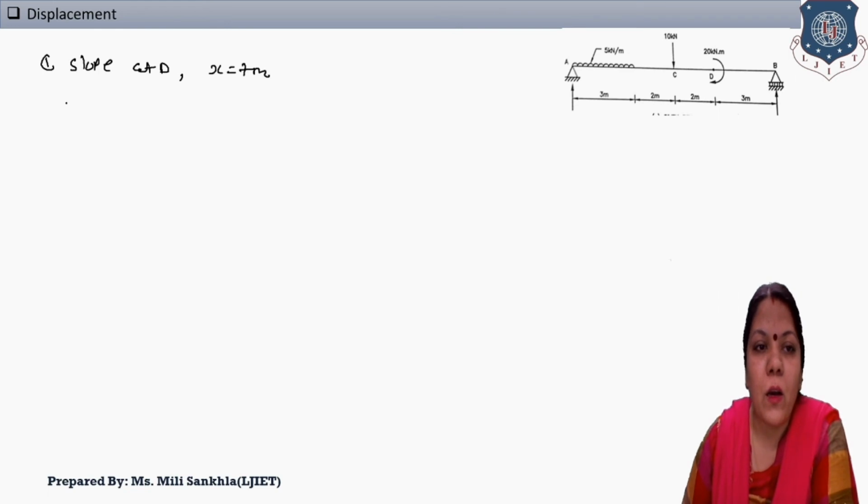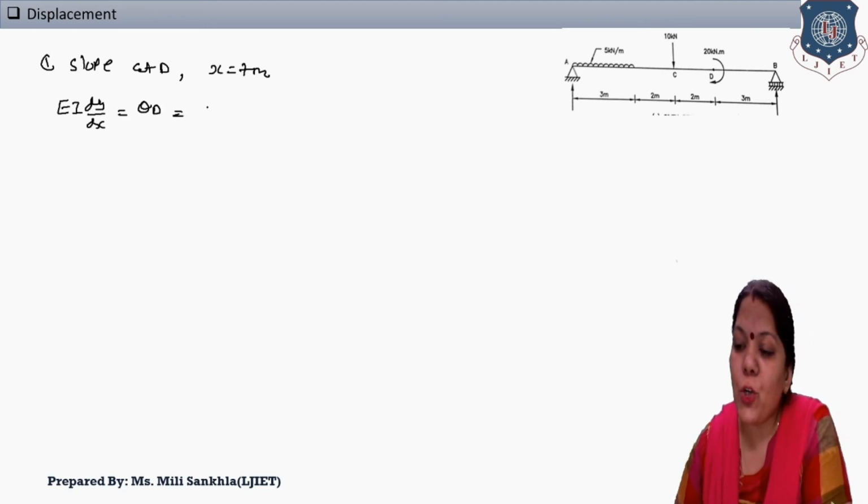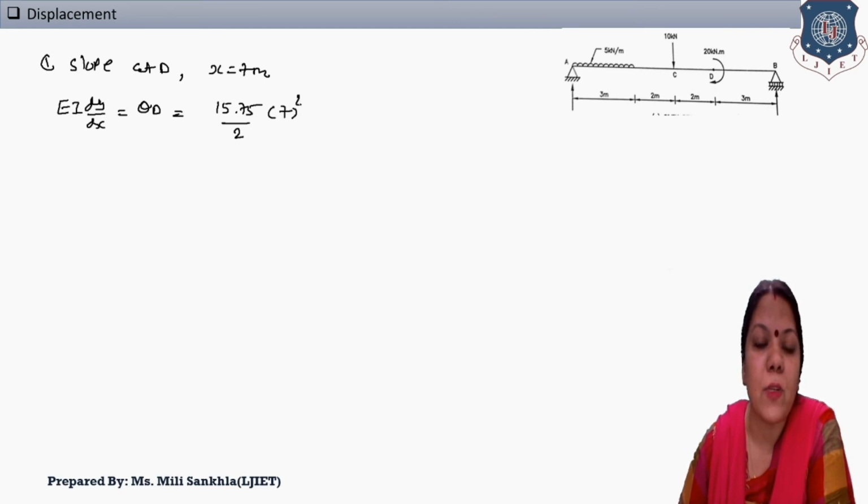Now EI, what is the first equation? EI dy by dx, and that is theta D. What is the equation of this slope? 15.75 by 2, and x is equal to 7, so that is 7 square.